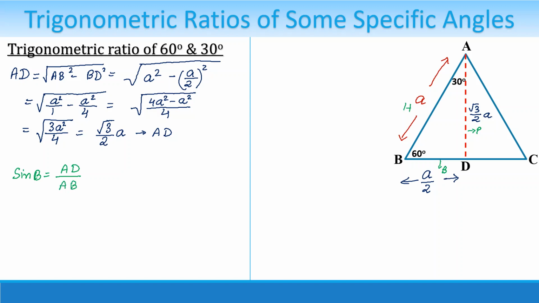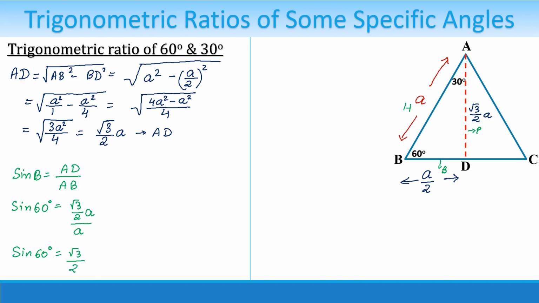So now sine angle B is of 60°. Value of AD is root 3 by 2a upon AB is of a unit. A and A will cancel, and it gives us the value of this as root 3 by 2.